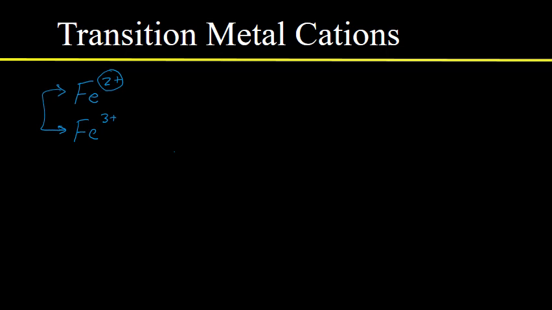And we do that using Roman numerals by writing the name this way. This first one we would call an iron 2 ion, and the second one we'd call an iron 3 ion.